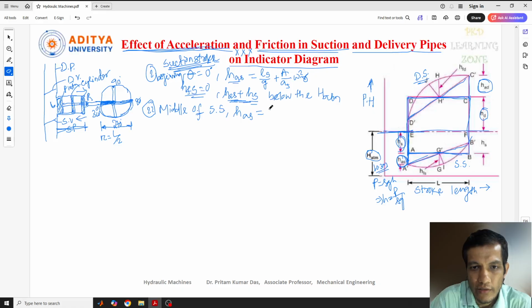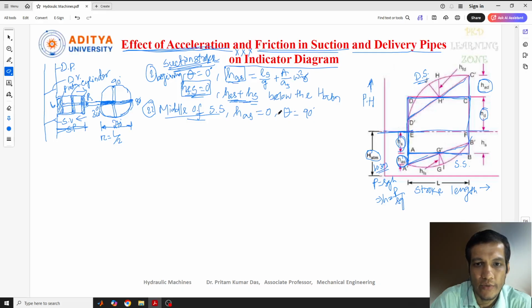HAS will be 0 here. So middle of the suction stroke is nothing but theta equal to 90 degree. So at this point theta equal to 90 degree, and this is the value. HFS is the loss of head due to the friction, and this is the pressure head due to the acceleration in the suction pipe. So theta equal to 90 degree here.